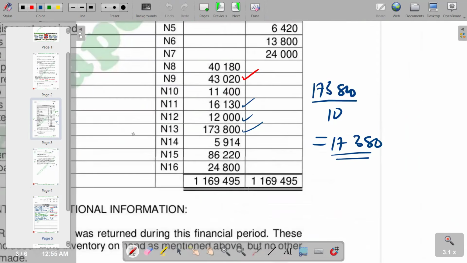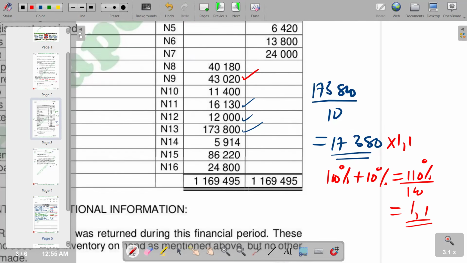Before the increase, it was 100%. Then it increased by 10% to become 110%. Then we divide by 100 to make it a decimal, it becomes 1.1. So we can multiply 17,380 times 1.1.